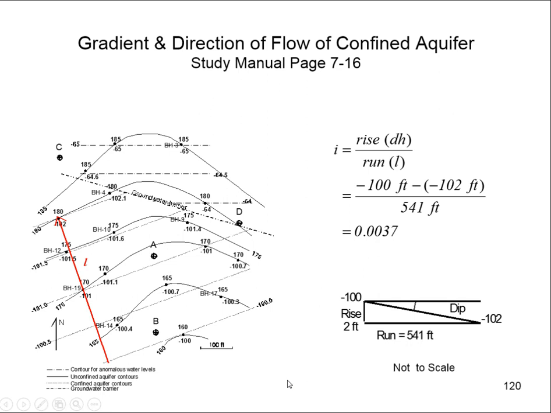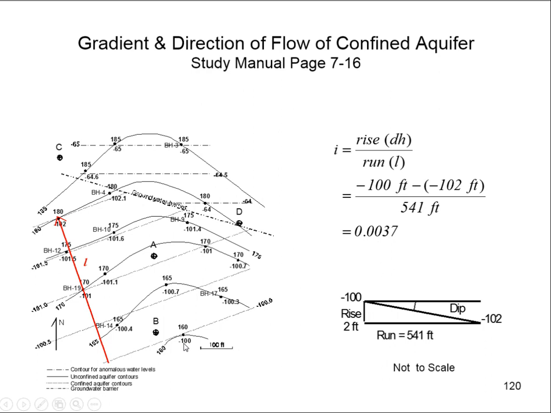Okay, so now we have a problem where we're going to figure out the gradient and direction of flow of the confined aquifer. Since there are two of them, we're going to choose the one that has the largest surface area. Gradient is the rise over the run.